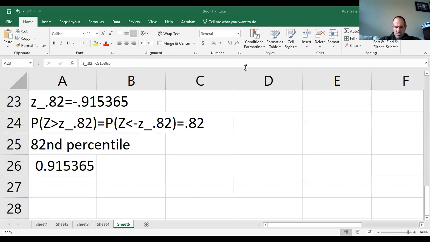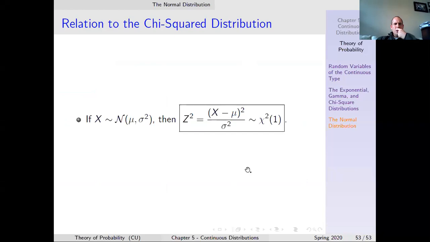All right, almost done. This is the very last thing I wanted to say. If X is distributed as normal with mean mu and variance sigma squared, and sometimes that notation varies from textbook to textbook, sometimes you'll put the variance, sometimes the standard deviation, then the standard normal random variable squared, which is just (X minus mu) squared over sigma squared, has the chi-squared distribution with 1 degree of freedom.